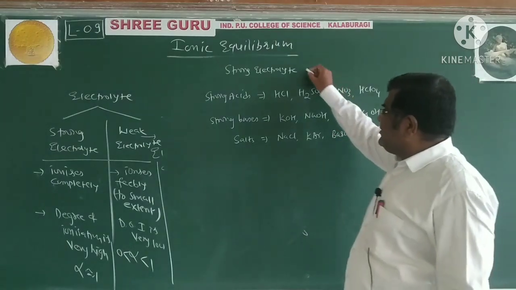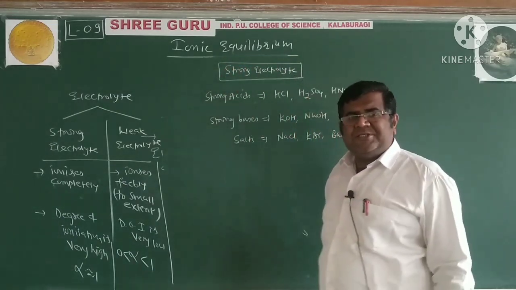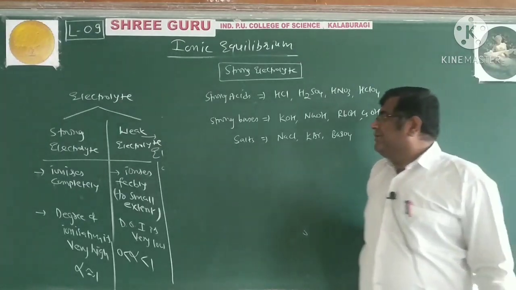These are the examples of strong electrolytes, where the degree of ionization is very high and they ionize almost completely.